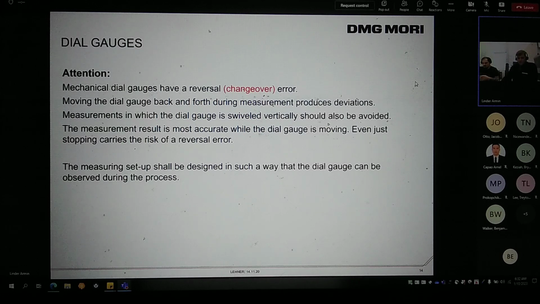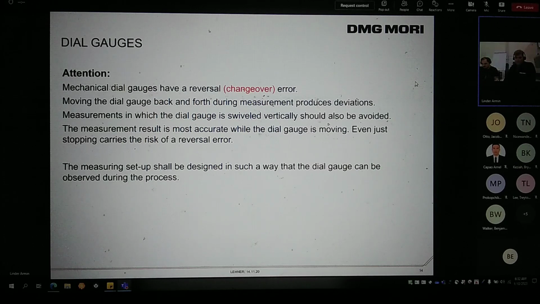If you imagine you have to measure all axes, 5 axes or something, and you forget to do the reversal measurement, then you have 4 microns reversal failure, and then you have a bad result or a big measuring error.